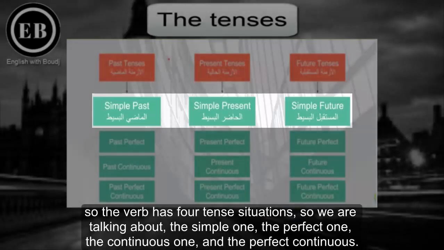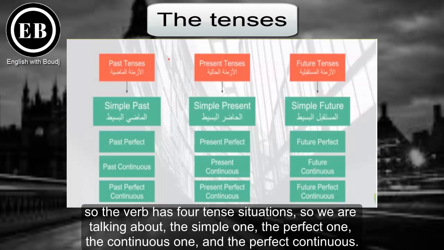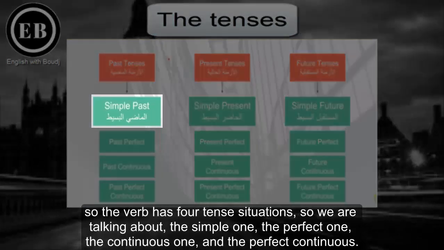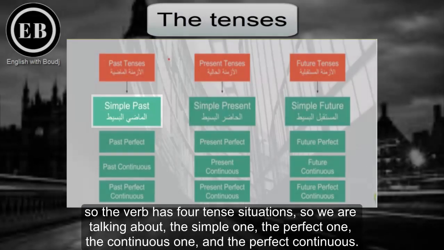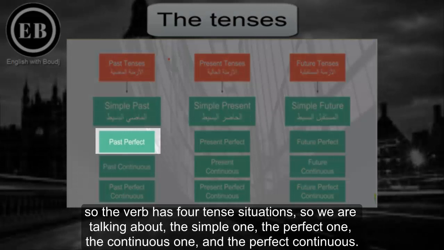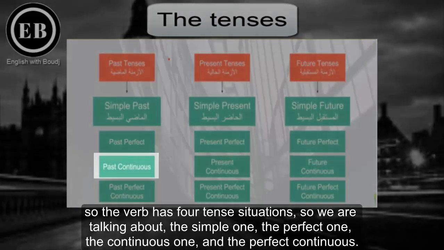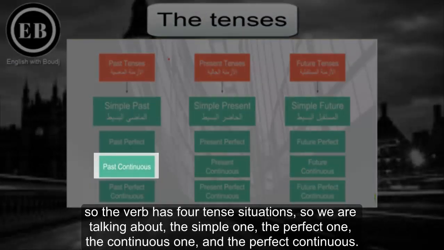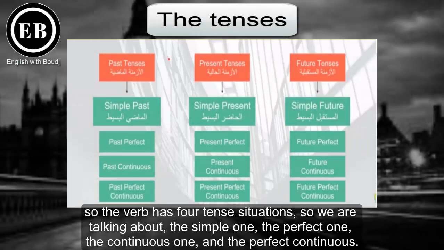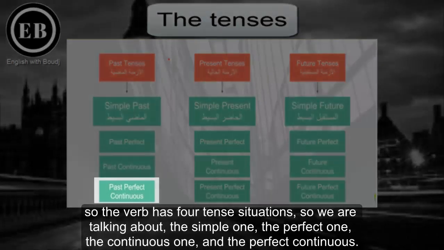So the verb has four tense situations: the simple one, the perfect one, the continuous one, and the perfect continuous one.